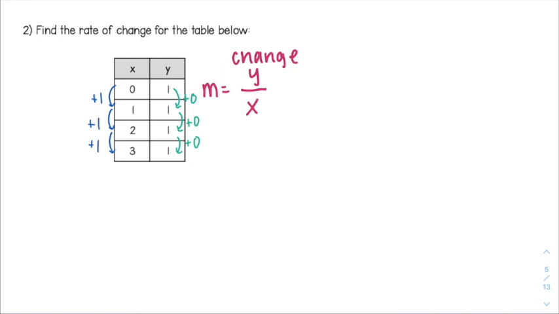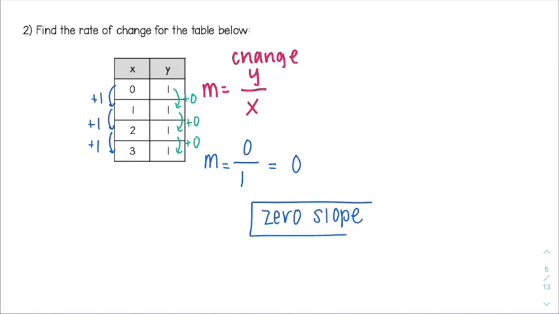So I'm going to put 0 over 1. And now this is what I was talking about with your slope. Your slope is going to equal 0 because 0 divided by 1 is just 0. So you have a 0 slope, which would mean it's a horizontal line where y would equal 1.